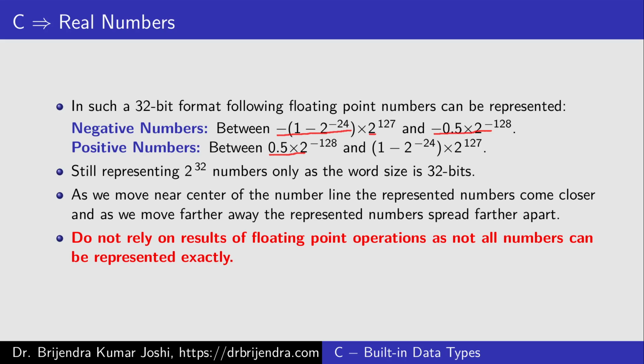But remember, we are still representing 2 to the power 32 numbers only, as the word size is still 32 bits. As we move near the center of the number line, these represented numbers come closer. It means more and more numbers can be represented exactly when we move towards 0, the center of the number line. And as we move farther away, the represented numbers spread farther apart. It means between two exactly representable numbers, you will find fewer numbers which can be represented exactly.